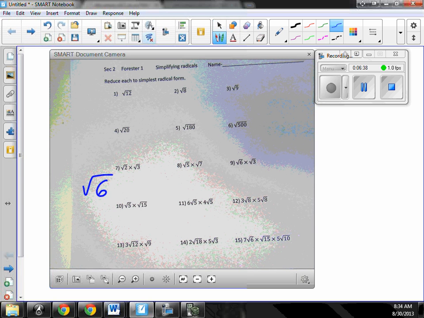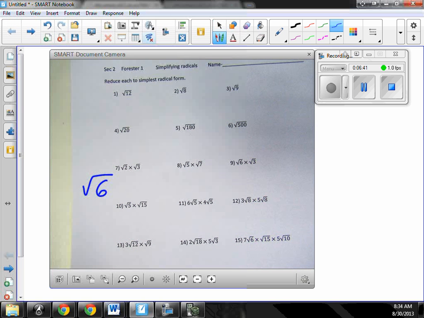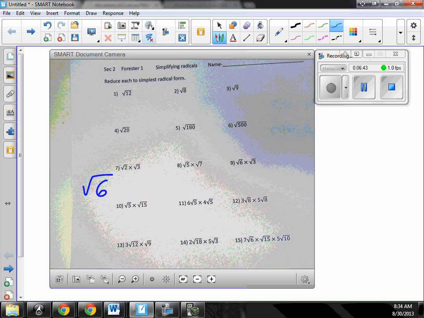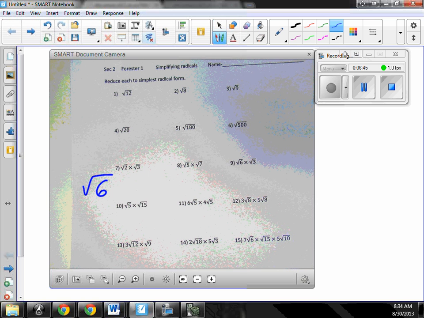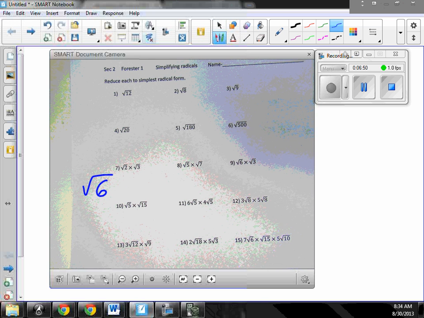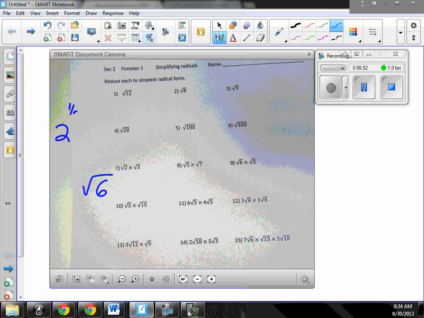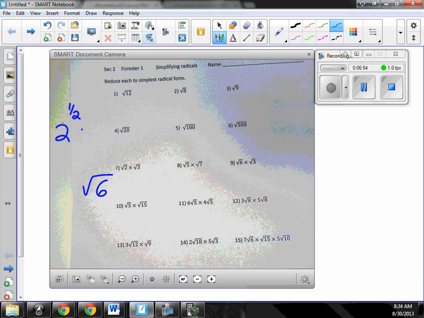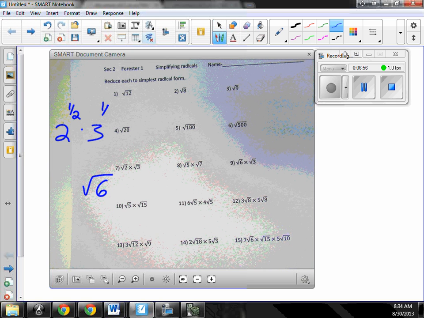Yeah. If you had a square root and a cubed root, you could not put them together. How come? So what's really happening here is 2 raised to the 1/2 times 3 raised to the 1/2.